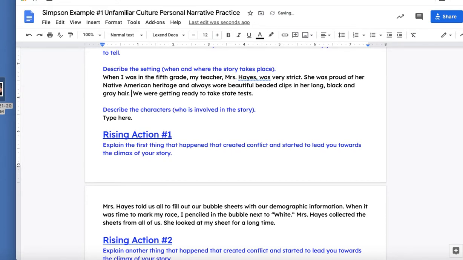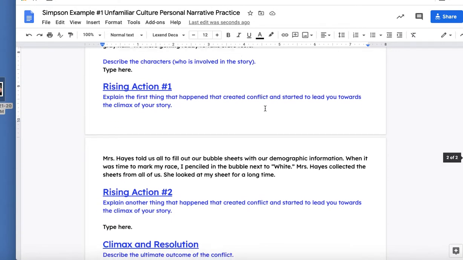Okay, so I gave a little more information about her. This is going to be actually important. And guys, that's okay. If you don't get everything the first time, this is a rough draft. Go back and add things. Don't think that just because, oh, I'm finished with that section, I'm not going back. That's silly. So I added more information.